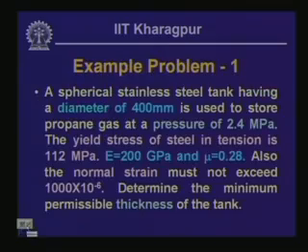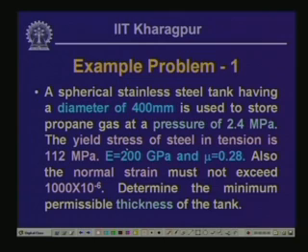Well, after discussing this, let us look into the examples that are related to these cylindrical and spherical vessels. The first such example is that a spherical stainless steel tank having a diameter of 400 millimeter is used to store propane gas at a pressure of 2.4 megapascal.